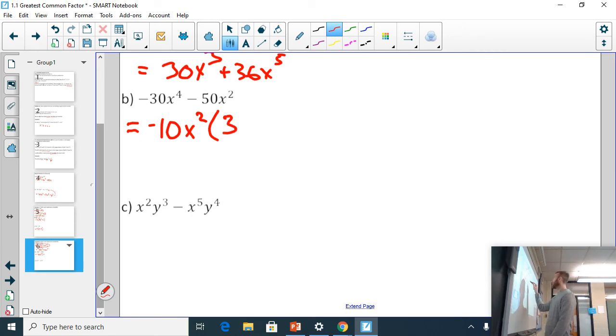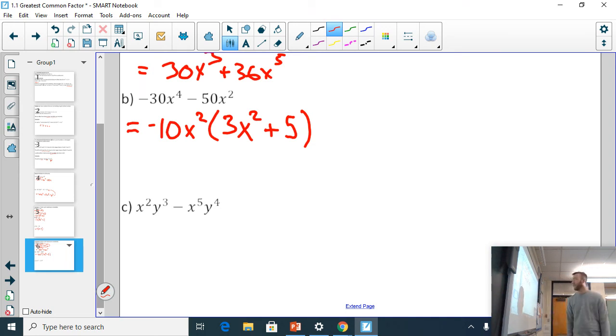And that'll be 3, and then we have x squared, and we need to get x to the fourth, so we're going to do another x squared. And then same thing here, since I took out a negative, it's now going to be positive. 10 times what gets us 50, and that'll be 5, and then x squared, we already have that x squared, so it's just going to be left like that. And it's plus now in here because I took out this negative out front.